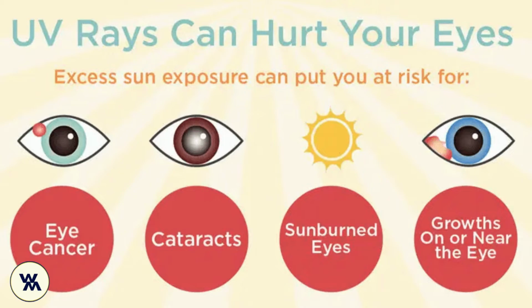As I said, we can get cancer in our eye, and we can go blind. We can also get sunburnt eyes, and growths near the eye, and floating water droplets in our eyes, so we need surgery. Are you panicking? Yes, you need to panic, but how can we protect ourselves from UV radiation?